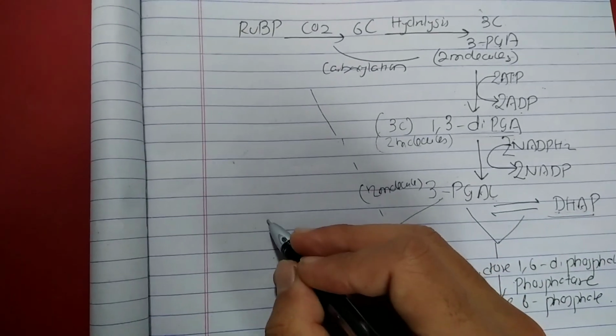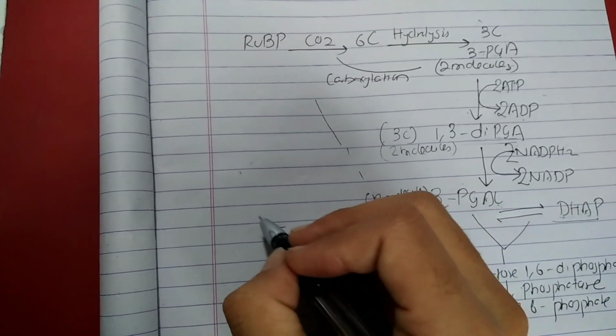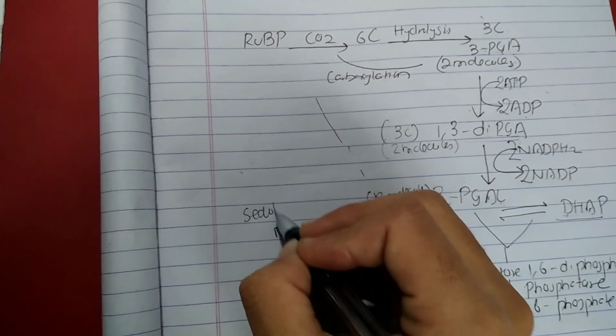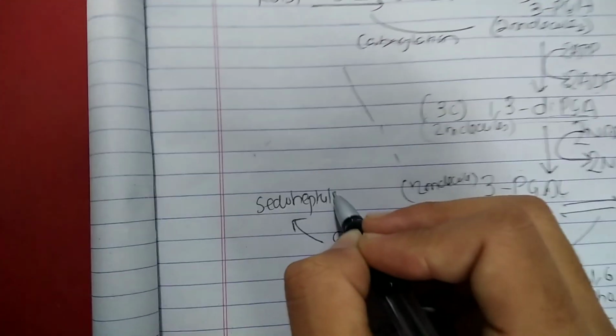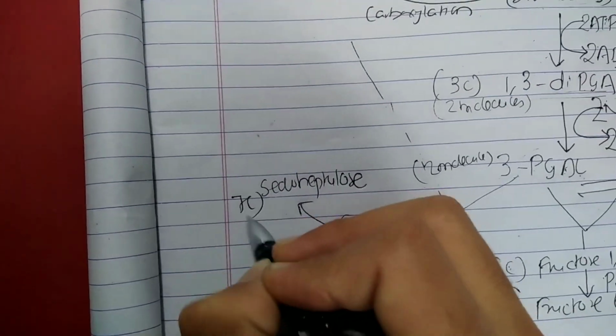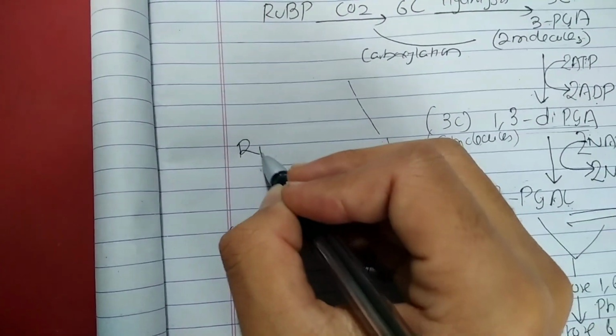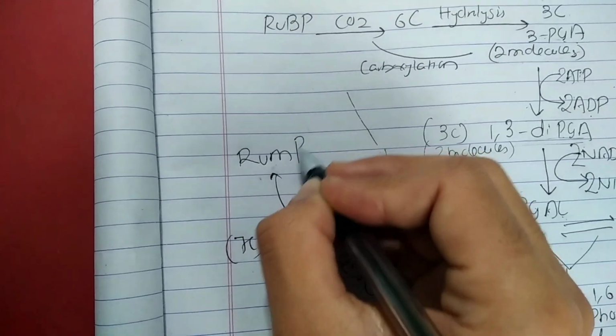After several reactions through many enzymes, it will give you sedoheptulose, which is a 7 carbon compound, which in reactions will give you ribulose monophosphate.